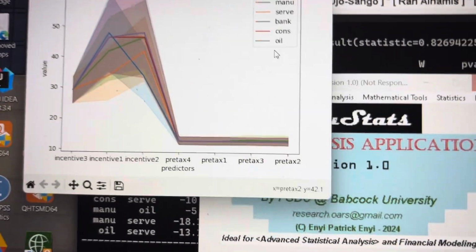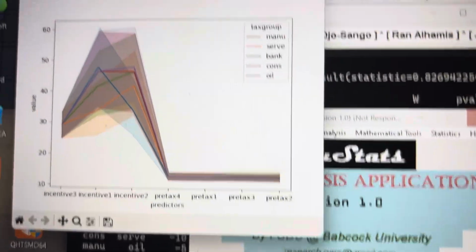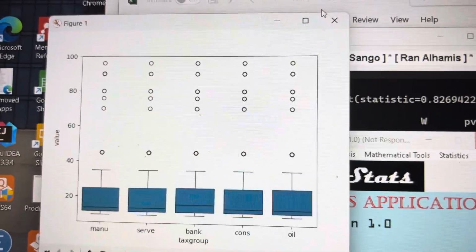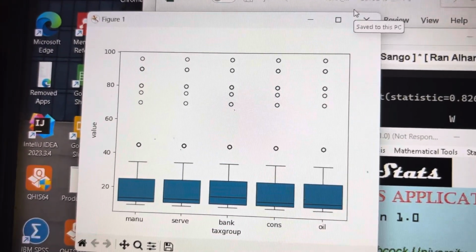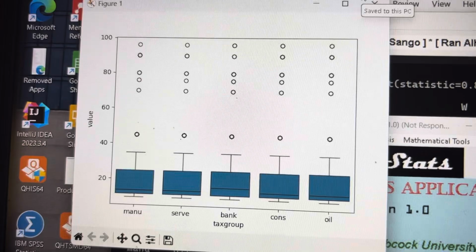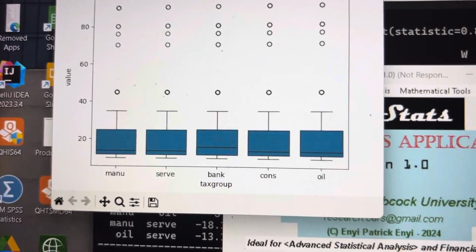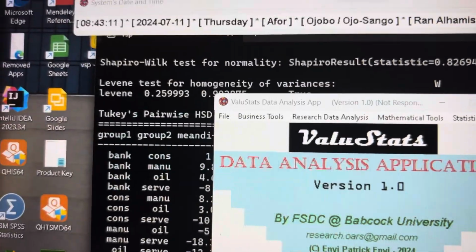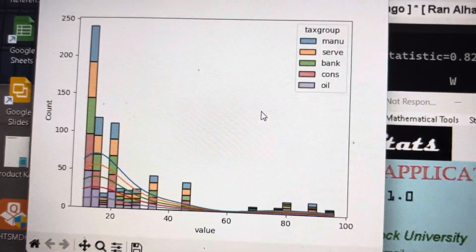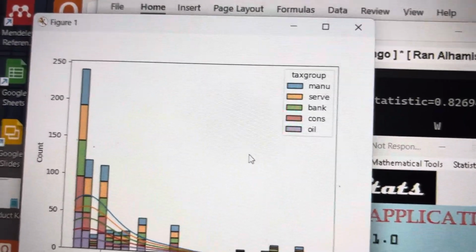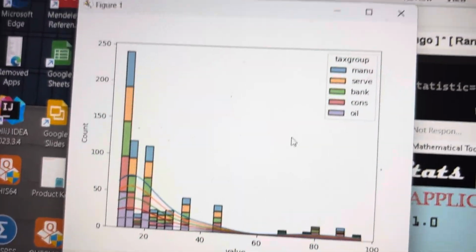And then this is the box plot again, and this one is, I think, the histogram or so. That's it for them.